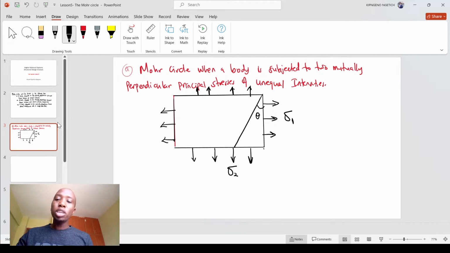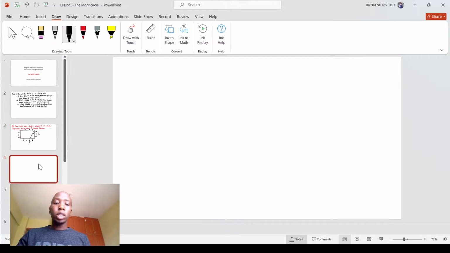So how do we draw the Mohr circle of such a body? Let's write down a few steps.